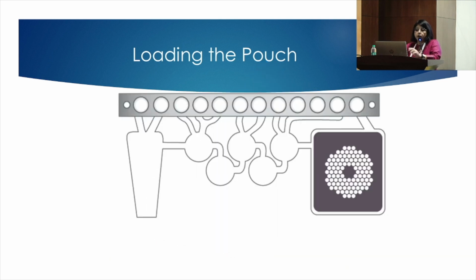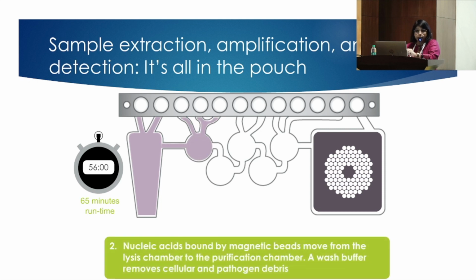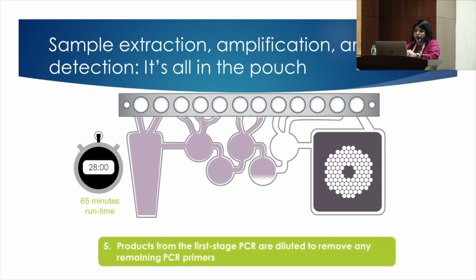Now this part I found very important to understand, how the BioFire happens. So first it moves into the lysis chamber. So what you need is DNA and RNA. So the first step is that you extract the DNA and RNA, that's called the lysis chamber. Next, it undergoes purification by the magnetic beads. And after that, it undergoes the amplification.